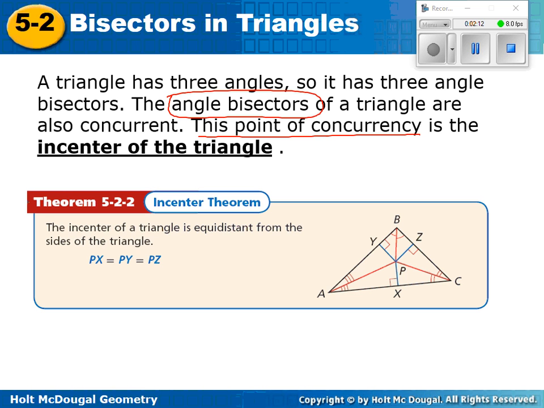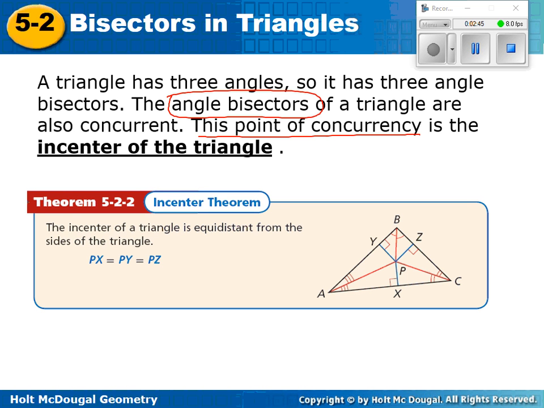So if I draw in these angle bisectors, and then this angle bisector, and pretend that those really look like they're bisected, then where they intersect, that's right, even though they're not, that point of concurrency has a special name, and it is called the in-center. And it is made by angle bisectors. Yes, angle bisectors.